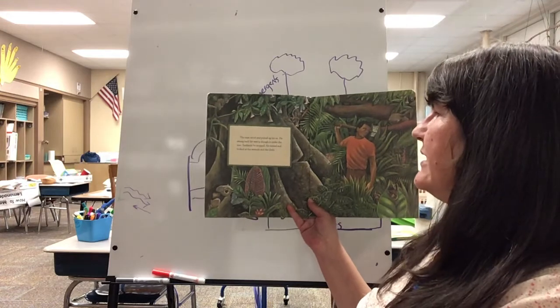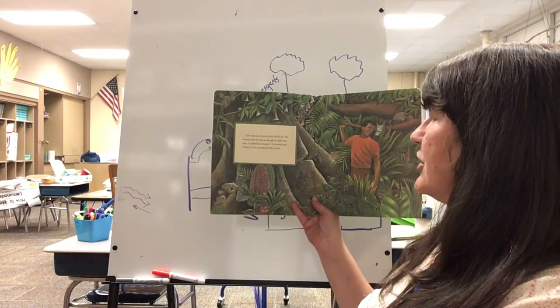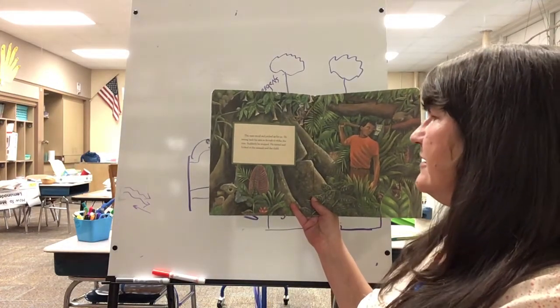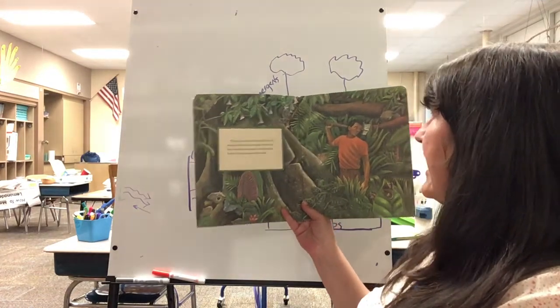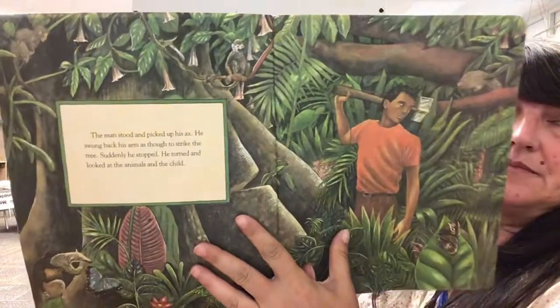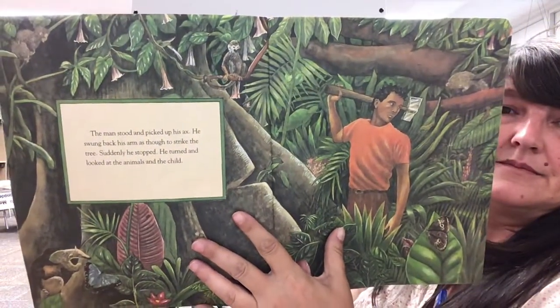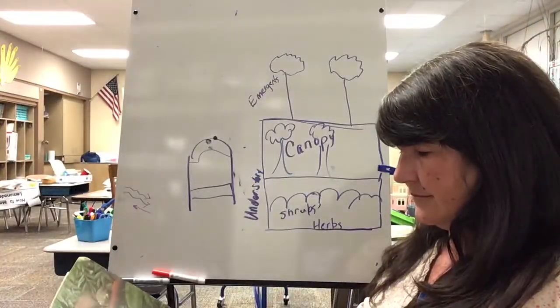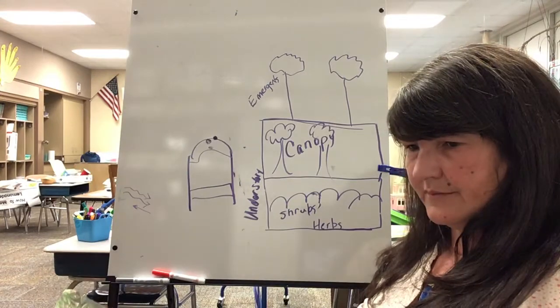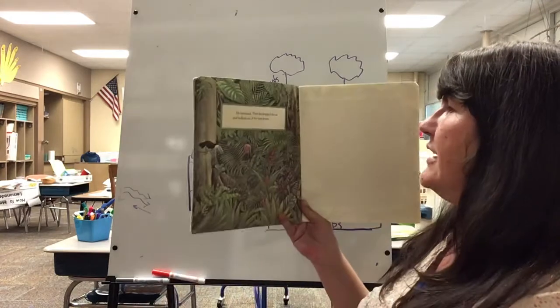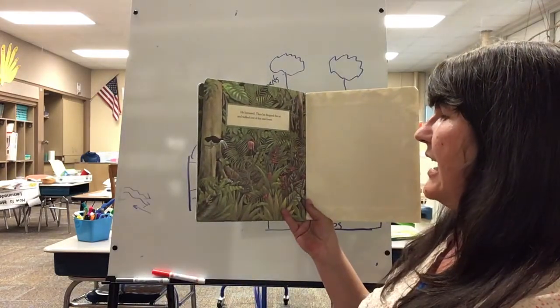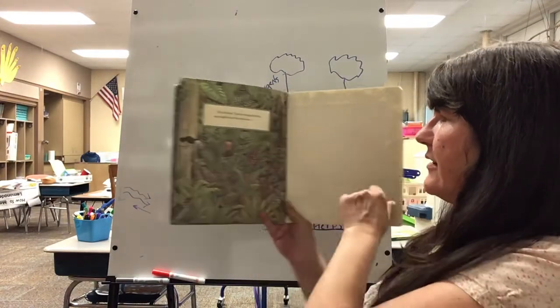He swung back his arm as though to strike the tree. Suddenly, he stopped. He turned and looked at the animals and the child. He hesitated, and then he dropped the axe and walked out of the rainforest. There's the axe.